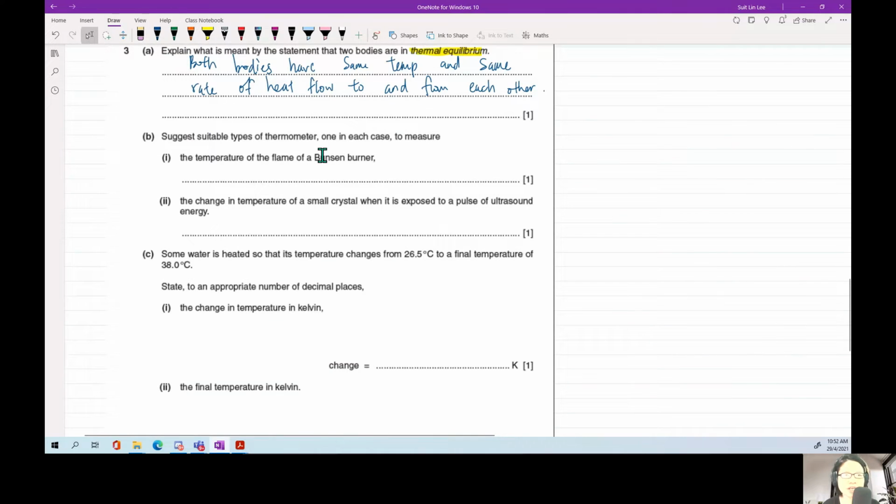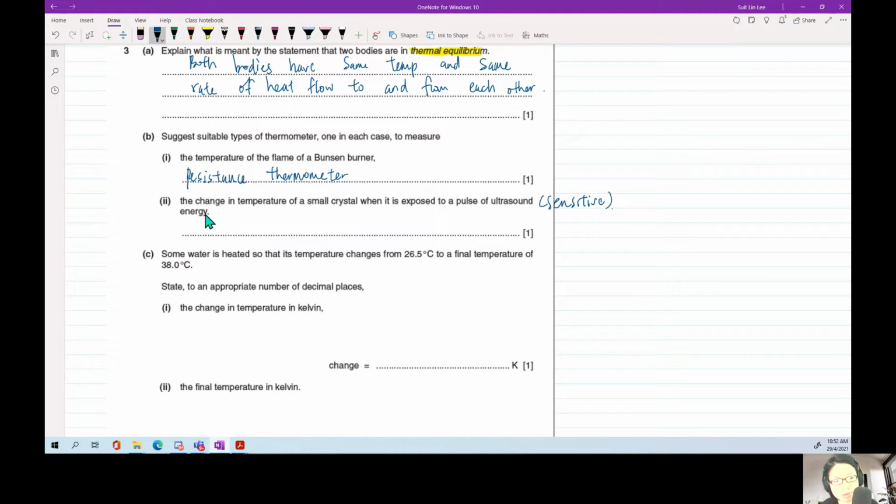Suggest the type of thermometer to measure the flame of a Bunsen burner, as I've mentioned just now. This one I will use the resistance thermometer. For the change in temperature in a small crystal when it's exposed to a pulse of ultrasound, this one must be very sensitive.